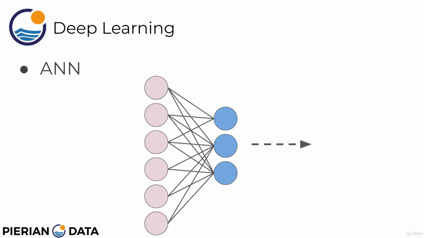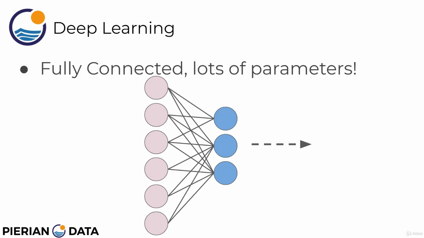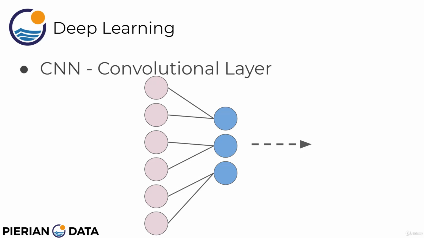On the left-hand side, we have some sort of input, and then it's fully connected to all the neurons in the next layer, and that would continue on throughout the network. Because this is fully connected, there are lots of parameters, which we've already decided is going to be a problem for really large images, or even just normal sized images, because of training time to figure out all those parameters. So how do we reduce the number of parameters?